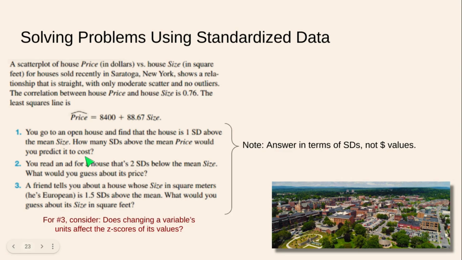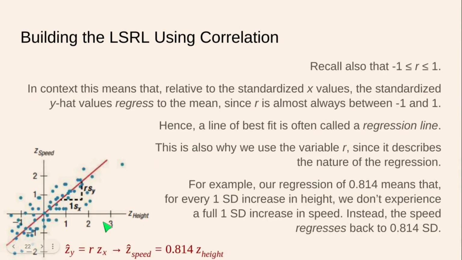Now we may be tempted to say, ooh, the size is 1 standard deviation above the mean, so wouldn't the price be 1 standard deviation above the mean? Nope, that's not what our equation says. Our equation says that if I input a standardized x value, I multiply by R to get my standardized y value's prediction, okay? So how many standard deviations above or below the mean y value I can expect to be.